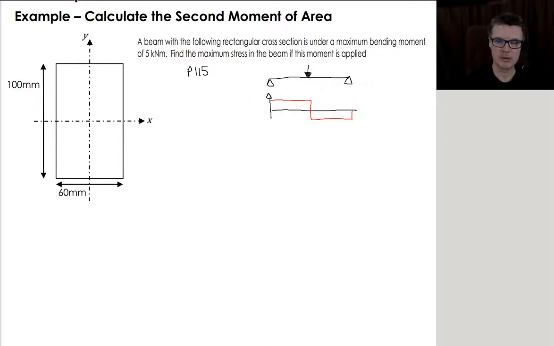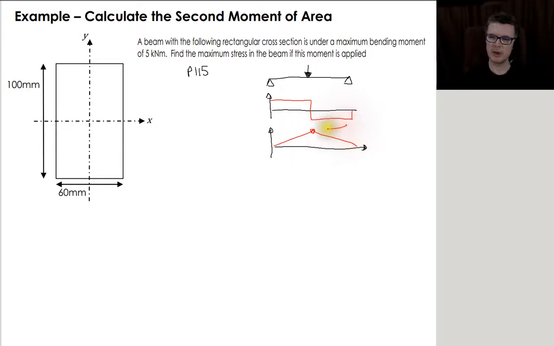And then we'd plot a bending moment diagram, and that will be the integral of the shear force diagram, so it'll look like that. Well, this value here is probably the kind of problem we'd be looking at.